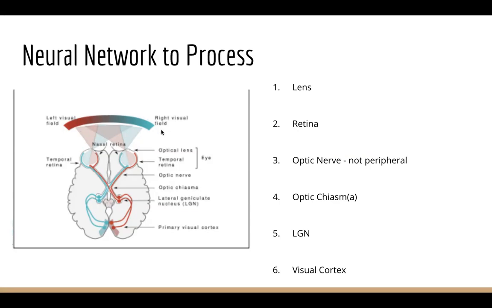So right now, since you're looking at your computer or your phone screen, what your visual field would be is a little bit to the left and a little bit to the right of, and your center being the phone, right?